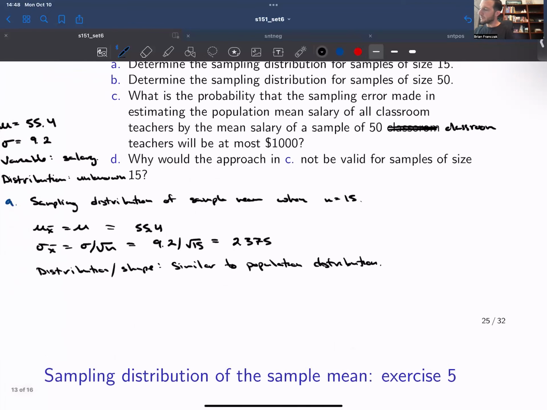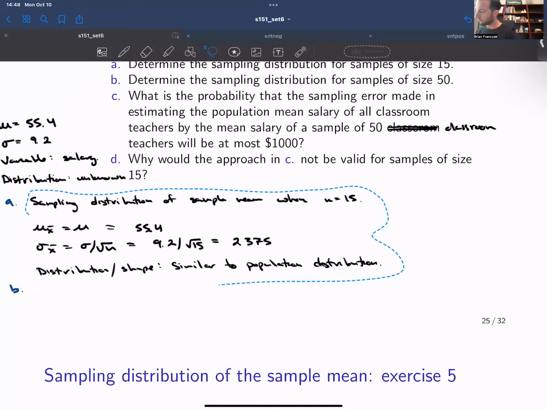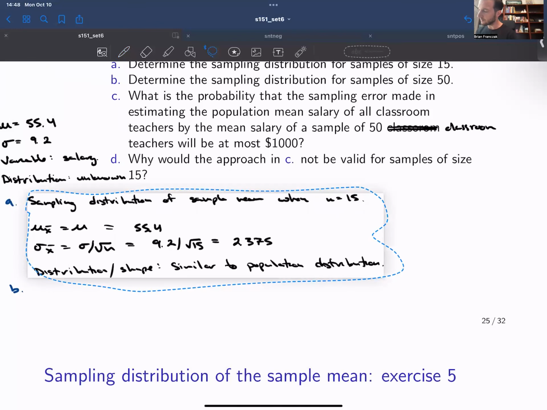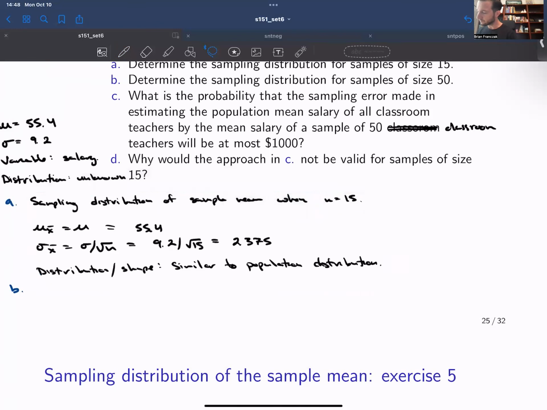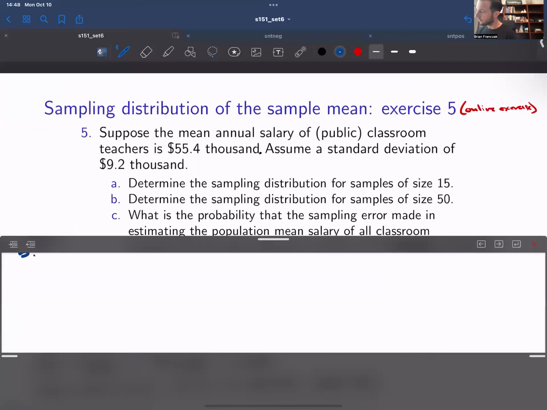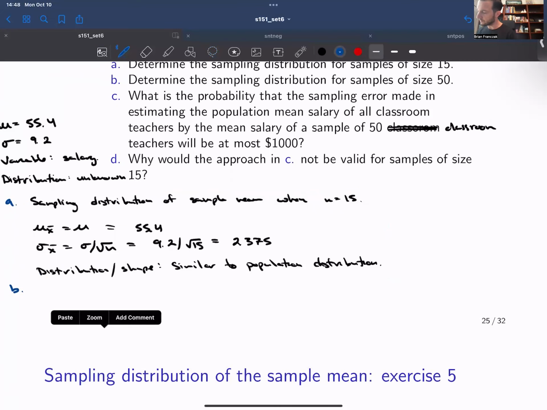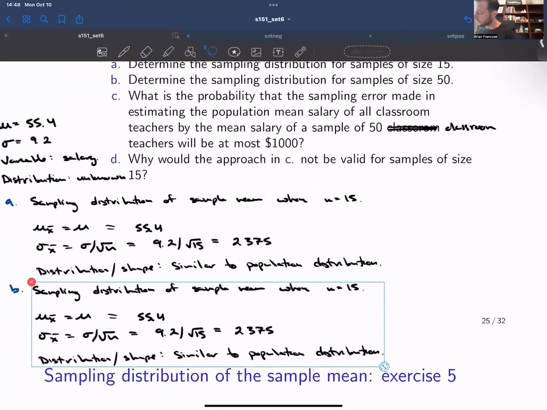All right, so part B is the exact same question, except n is equal to 50 now. So we can take our work from part A and just adjust it. Because again, whenever we're asked for the sampling distribution of the sample mean, we're being asked for these three things.